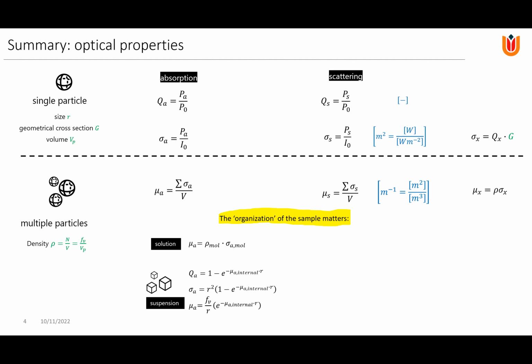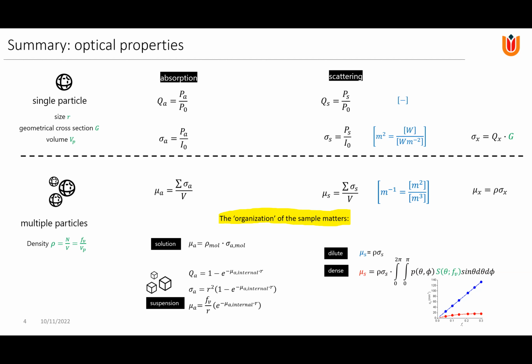That was also the case when the absorbing molecules were in particles with different absorption coefficients, a suspension compared to a solution, even though they both contained the same amount of absorbing molecules. And for scattering in a dilute sample, the scattering coefficient scales linearly with density.